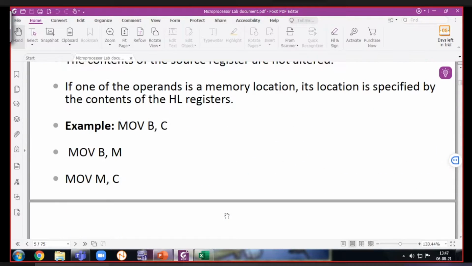See, move B comma C, move B comma M, move M comma C. What is M here? Because nowhere till now have I mentioned any register having the name M. I talked about registers B, C, D, E, H, L or the accumulator. So what is this M?